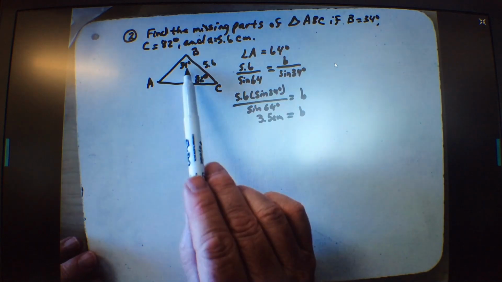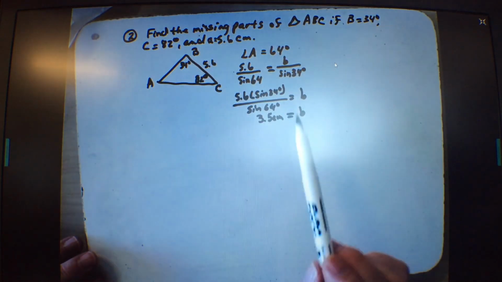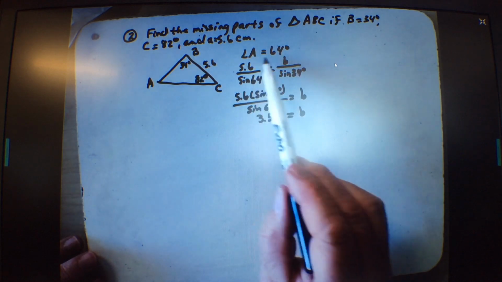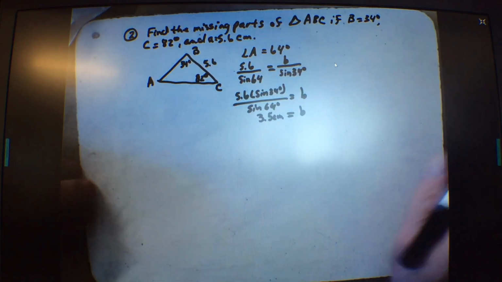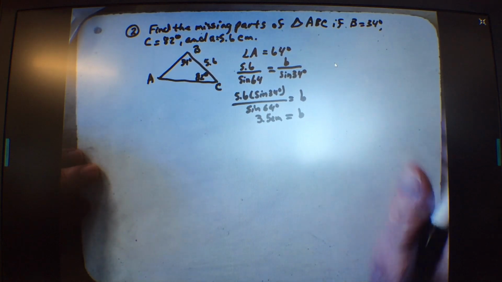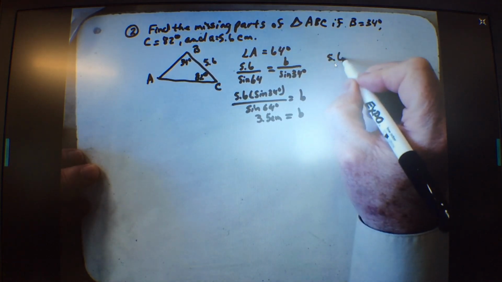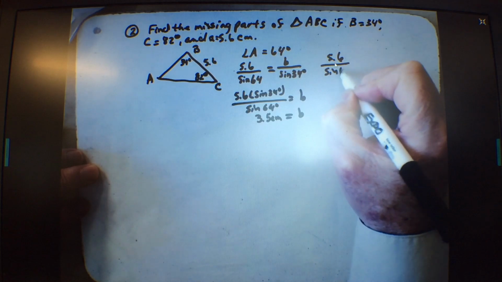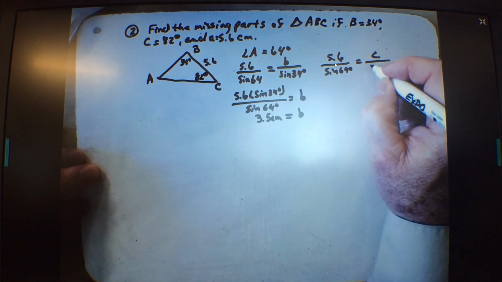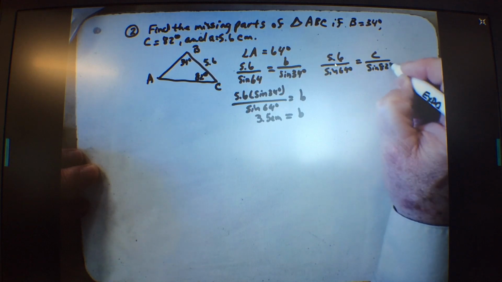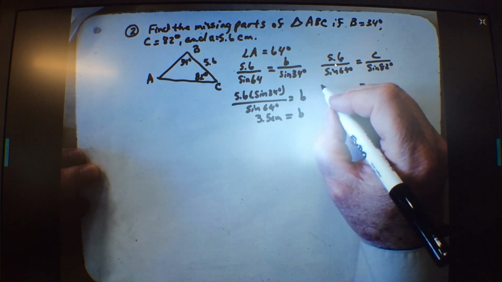Okay. Now you might have made a mistake on 3.5 centimeters. You can use the sine of 34 degrees and 3.5, but I would go back to A and use A again, because you know that your odds of missing that one are pretty slim, right? So you would say 5.6 over the sine of 64 degrees equals C over the sine of 82 degrees. So it's going to be basically the same problem, only a little different numbers, right?